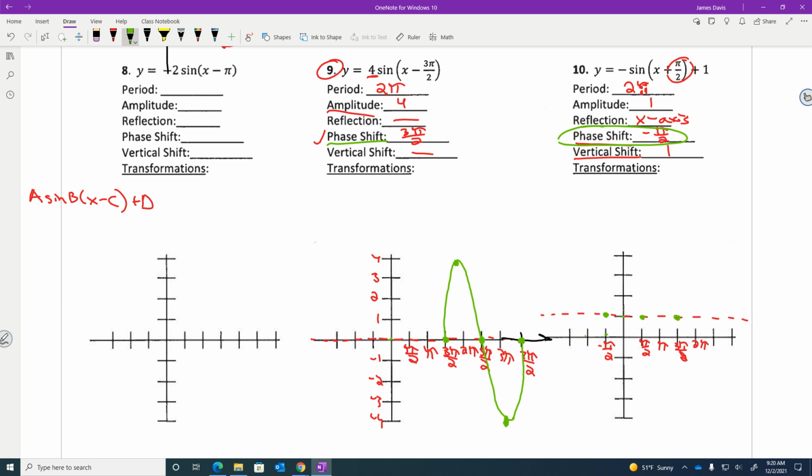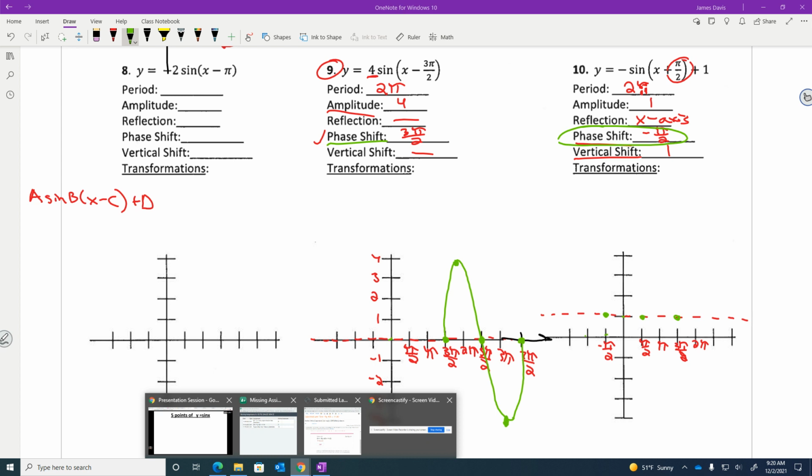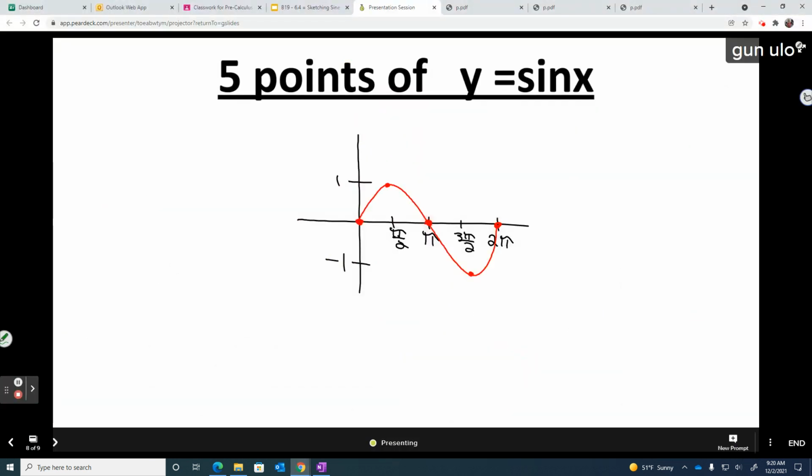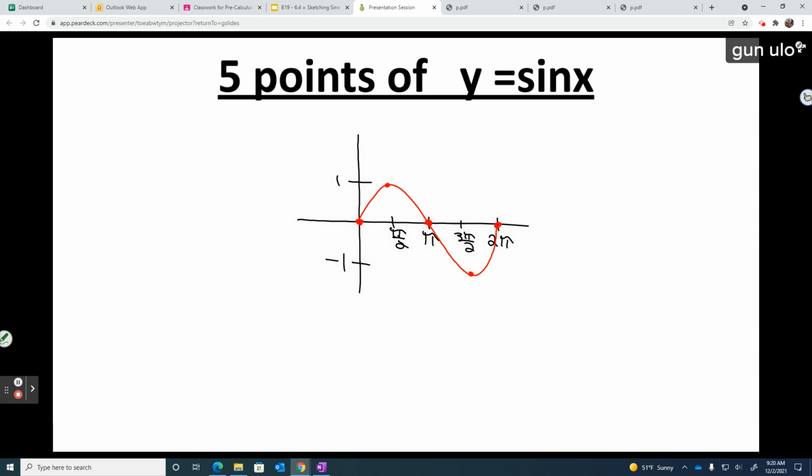The only thing that's going to change when we reflect, and if you want to write this in your notes, you can, is if this one is y equals sine of x, then y equals negative sine of x is going to be the same thing, except it's going to go down and then up. So that blue would be negative sine of x. So really all that's going to do is just change the order. Instead of going up first, we're going to go down first, and then we're going to go up. Okay, that's all that's going to happen.